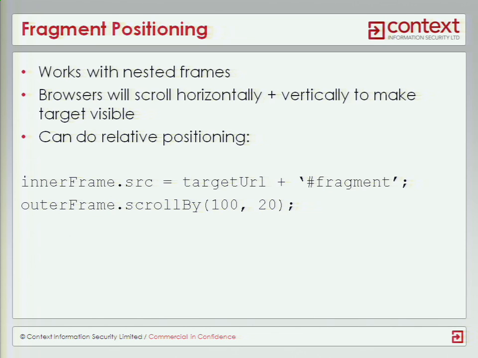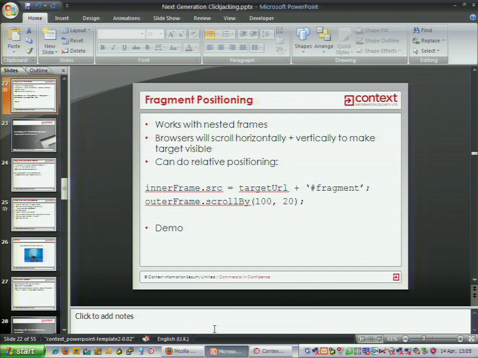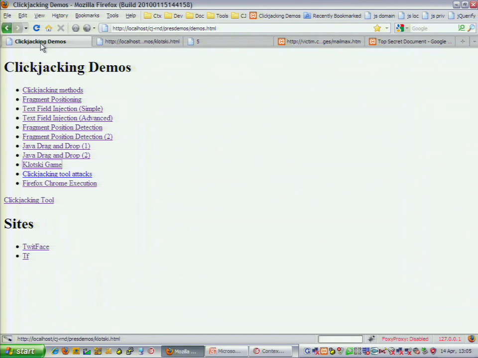Although we're just used to seeing a browser scroll vertically to make a particular element visible, if we do this in a very small iframe, then the browser will scroll both horizontally and vertically to make the target visible. I'll just quickly show you how that works.